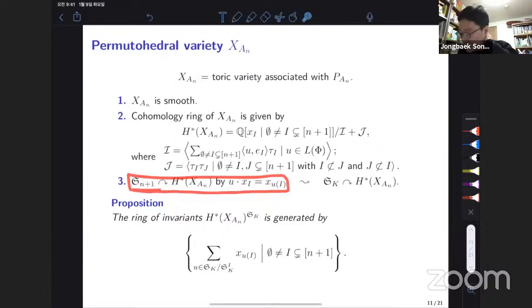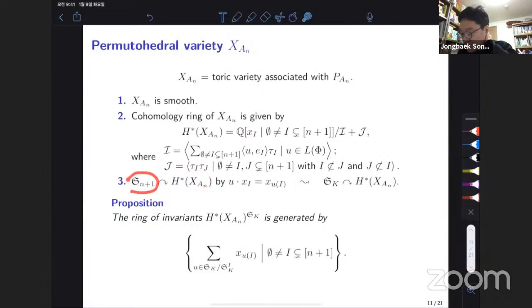There's a nice symmetric group action on this cohomology, acting on each of these generators. If you take an element of the symmetric group, it acts on a generator by acting on the index. To tell the truth, this action is induced from the action on the variety itself, but today let's focus on the action on the cohomology.